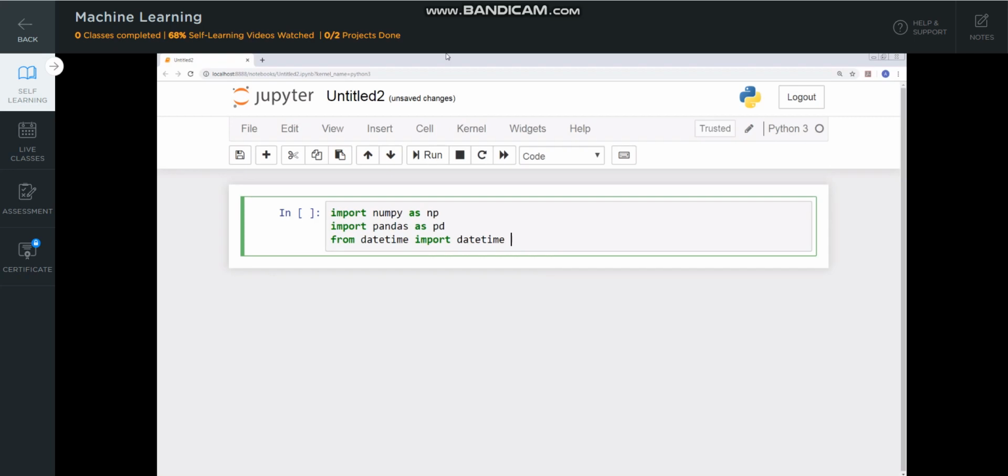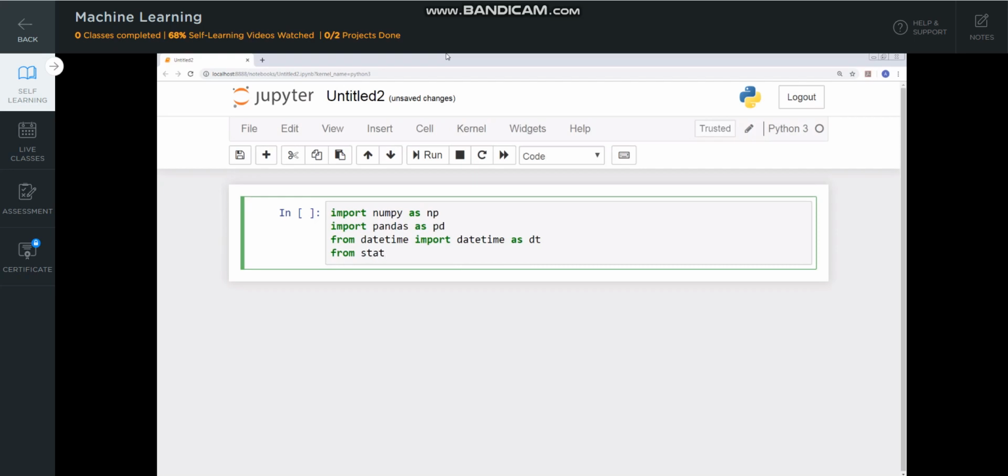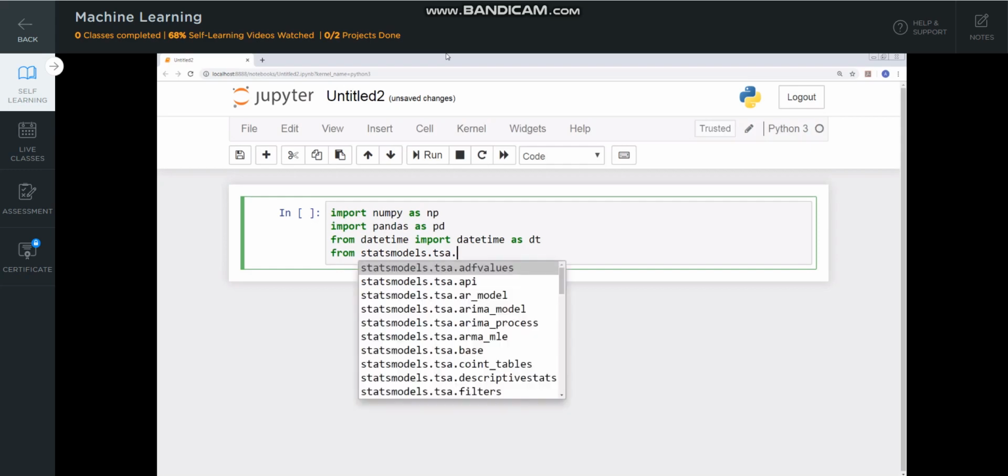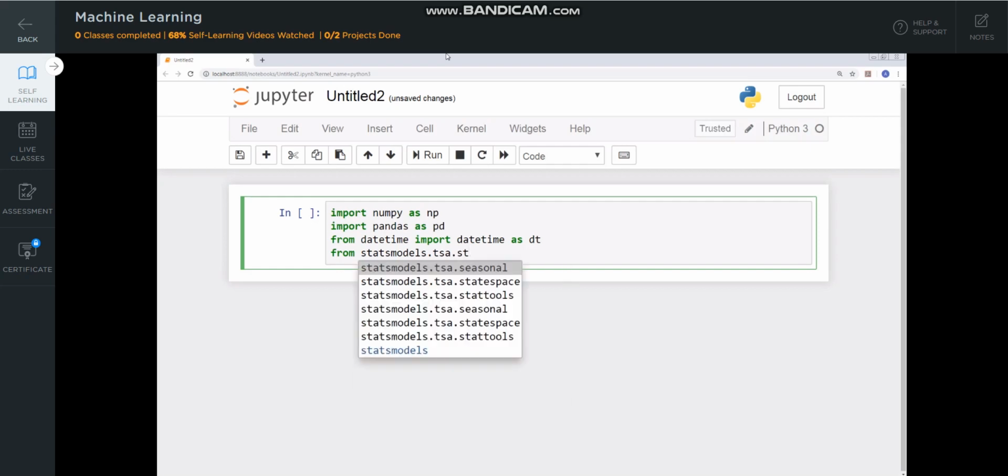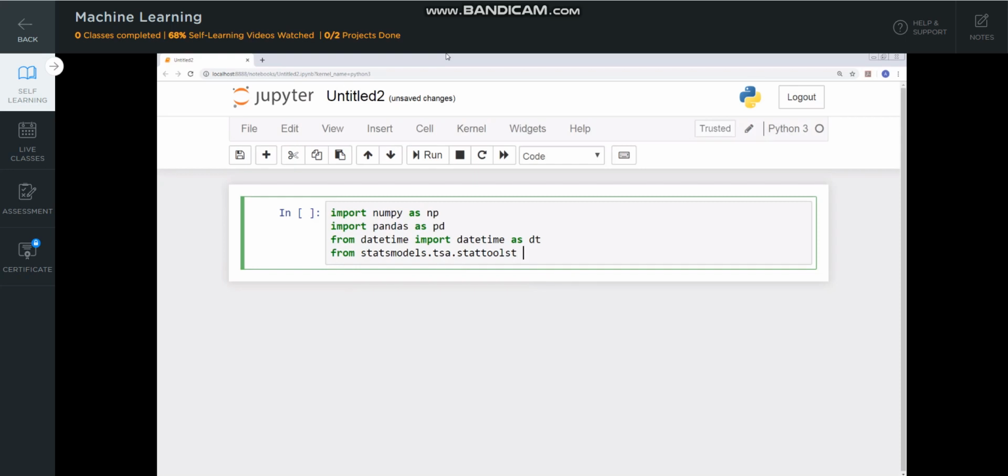Importing stationarity test libraries for evaluating the time series: from statsmodels.tsa.stattools, import adfuller, ACF, PACF.